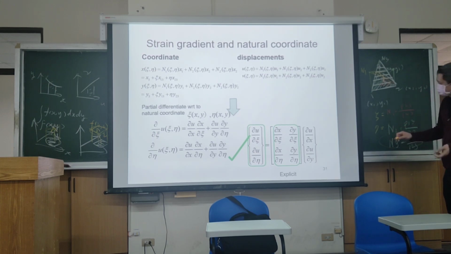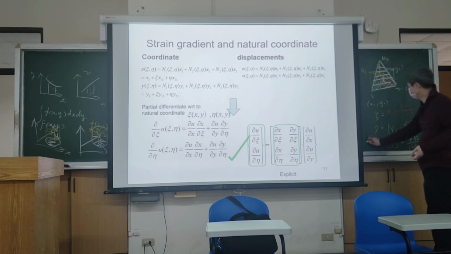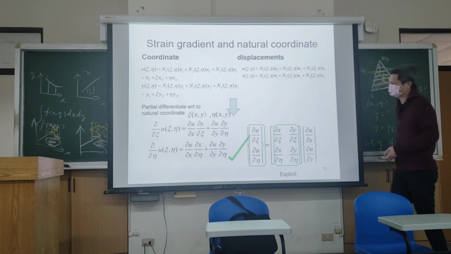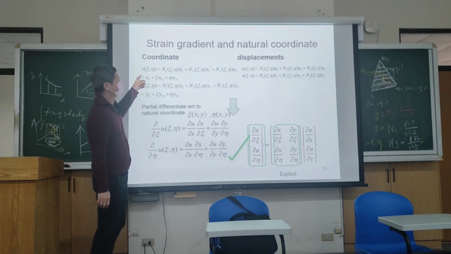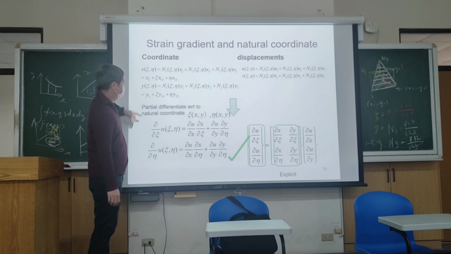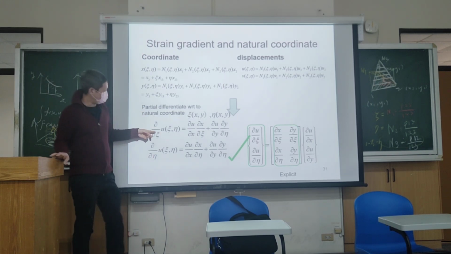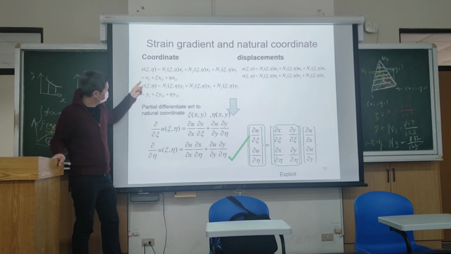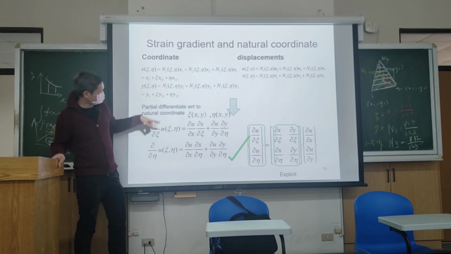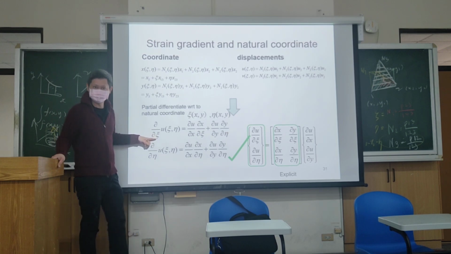For 2D coordinates, this is simply 1 minus zeta, 1 minus psi, and 1 minus eta. Okay? So as such, you see, rather than finding the strain del u del x, now you can differentiate the displacement with respect to the natural coordinate.